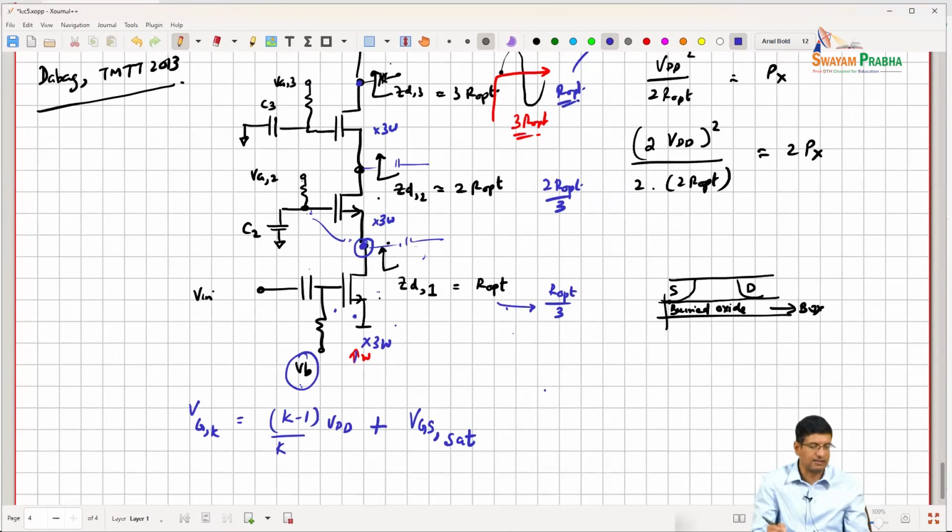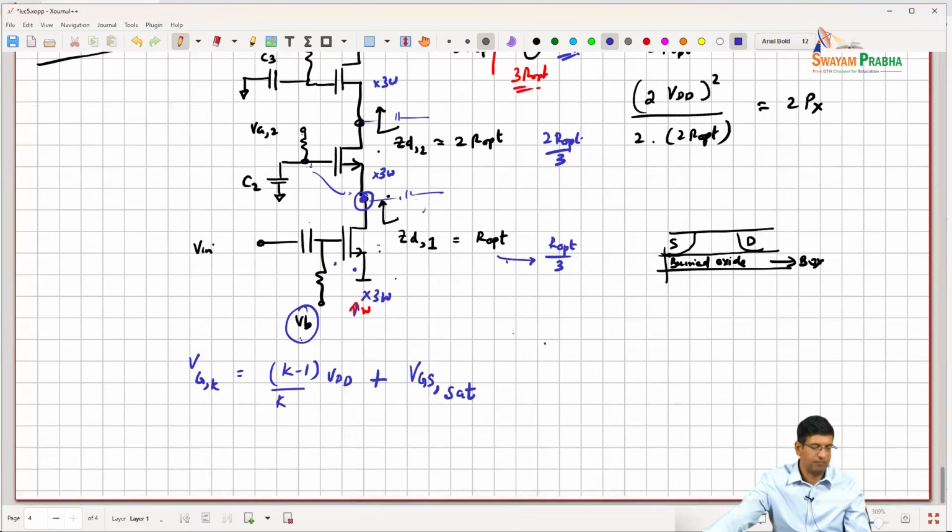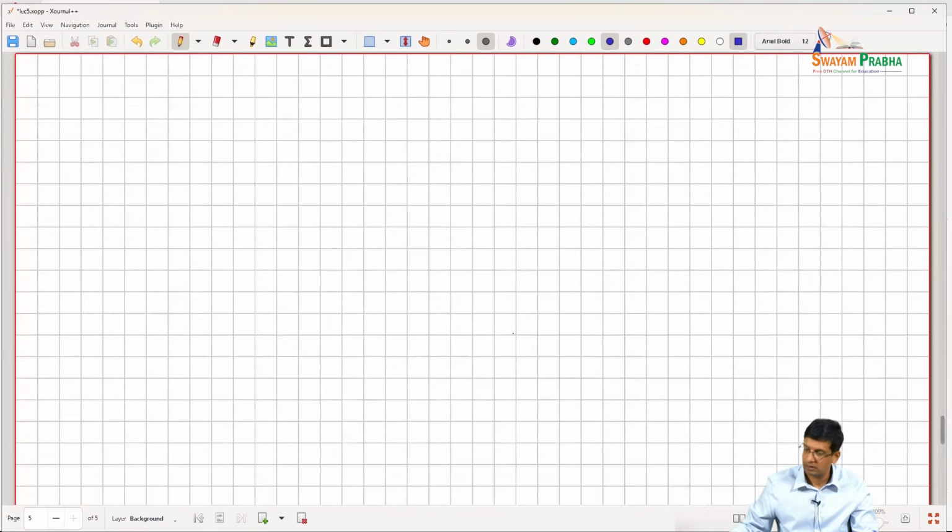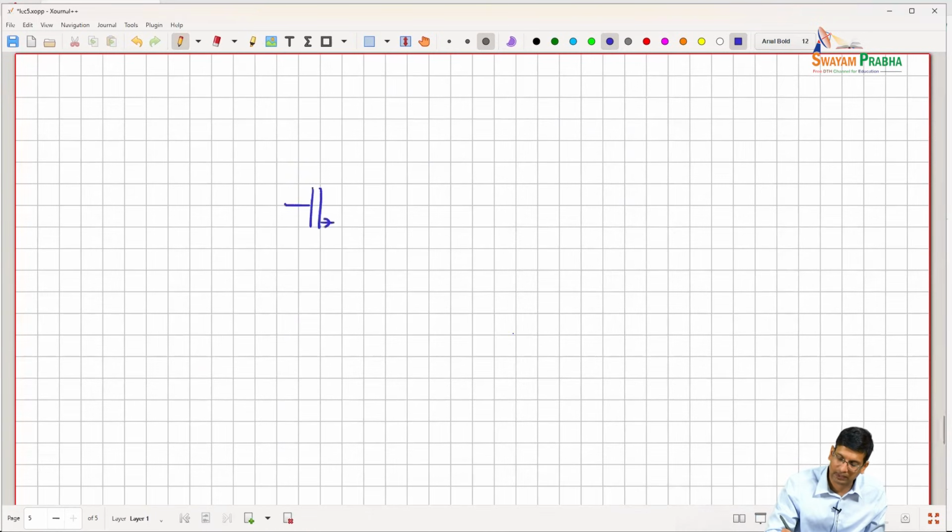And the capacitances itself, basically the logic of finding the capacitances is that if you consider one of the transistors in the stack, right?